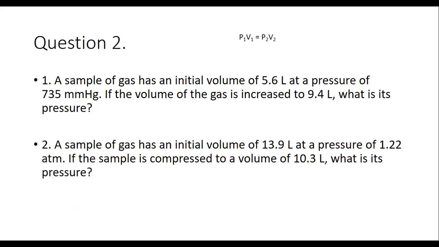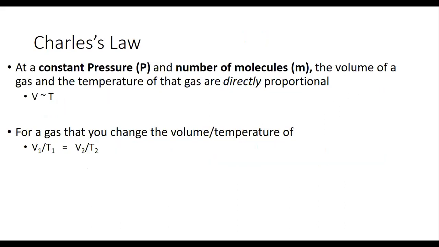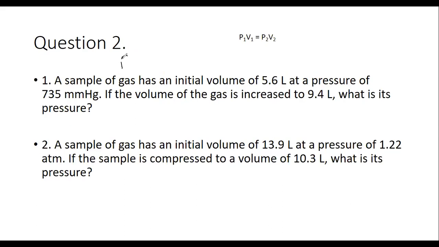And 2, same idea. We have gas with a volume of 13.9 liters, pressure of 1.22 atmospheres. If I compress it to 10.3 liters, what's my new pressure? So everybody take a couple of minutes and get yourself familiar with Boyle's Law and how to use Boyle's Law in calculations.